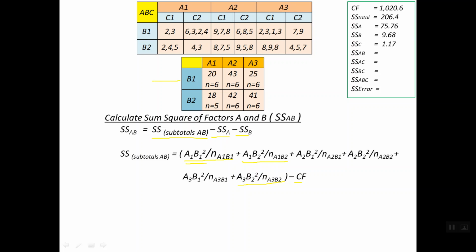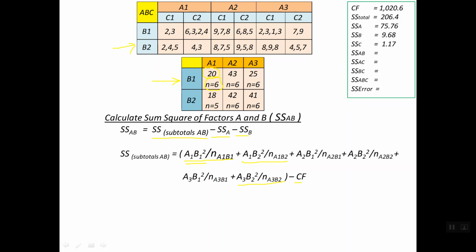In this table, here we have the summary of the calculation. So the sum of A1, B1 is equal to 20, and the number of observations is equal to 6. How do we get these values from the main table?